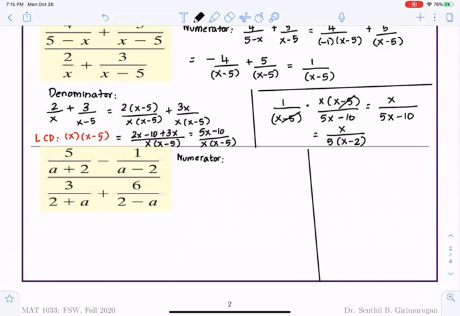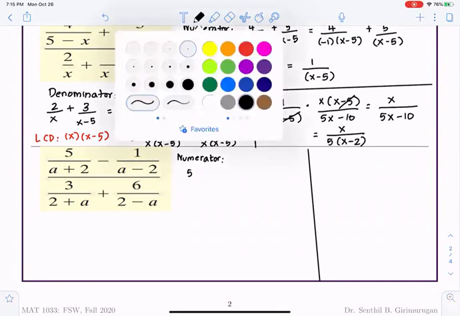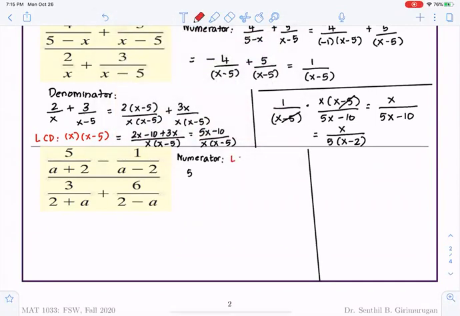So we have to get the LCD of a plus 2 times a minus 2. So I'm going to multiply and divide the first fraction by a minus 2, the second by a plus 2.